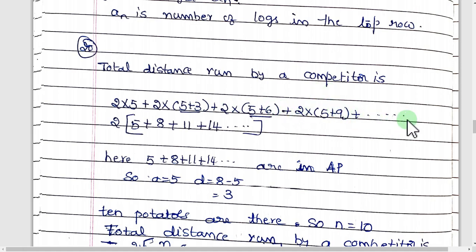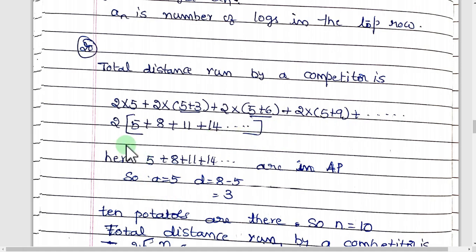That way it continues. So here in each term, this is one term, this is the second term, third term, fourth term. In each term 2 is the common number. So if you write it outside, what will remain? Here 5 remains. Here if you add, this is 8, here 6 plus 5 is 11, 5 plus 9 is 14. That way it continues till 10 terms.